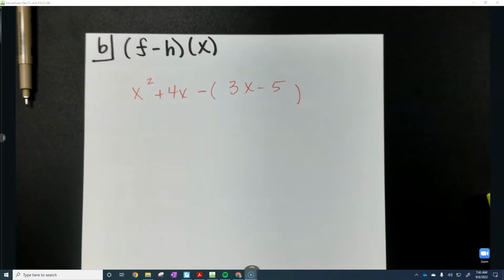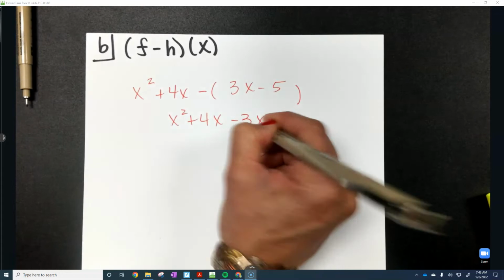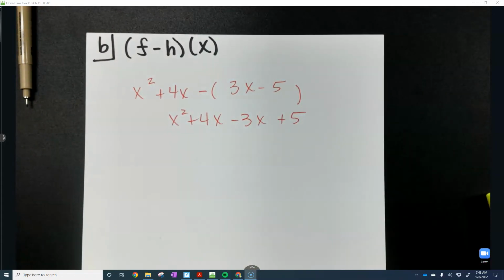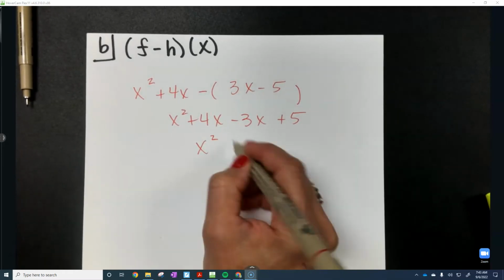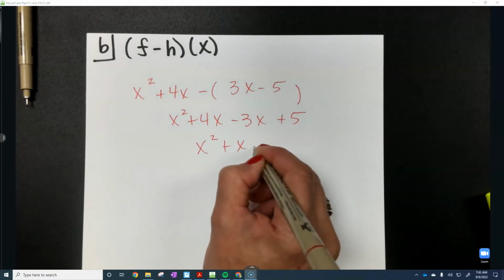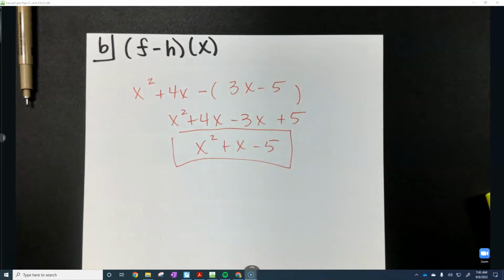So don't forget, you're going to distribute your negative there, guys. So we're going to have x squared plus 4x minus 3x and then plus a 5. And of course, the only thing we can do is combine the like terms. So that's going to be x squared plus x minus 5. And there's not any restriction on that. So that's as far as we can take part B.